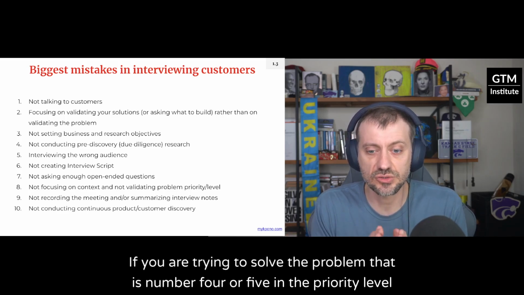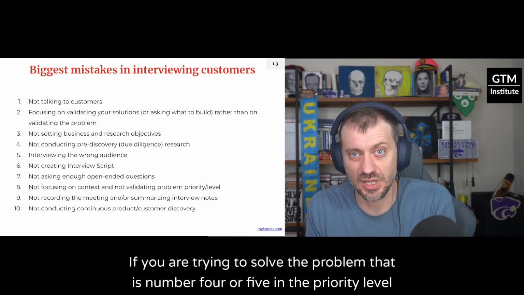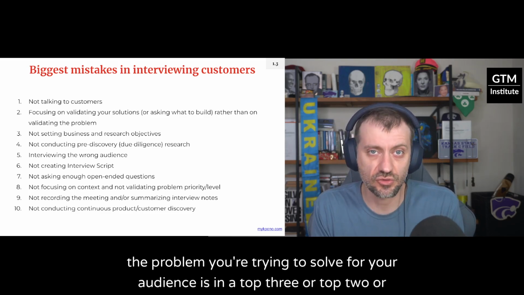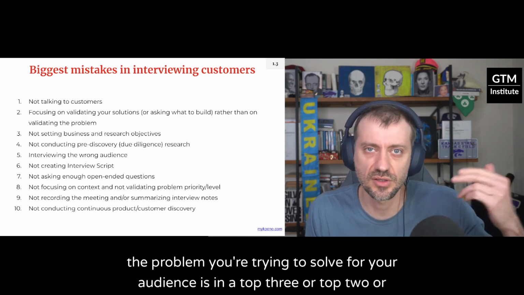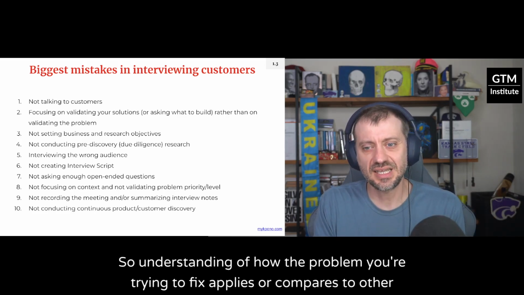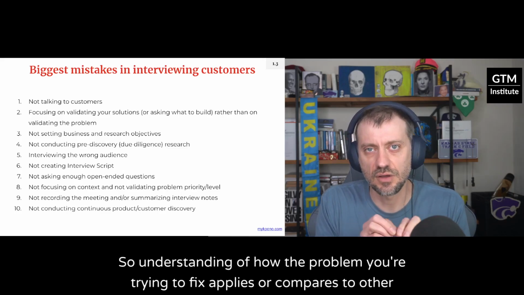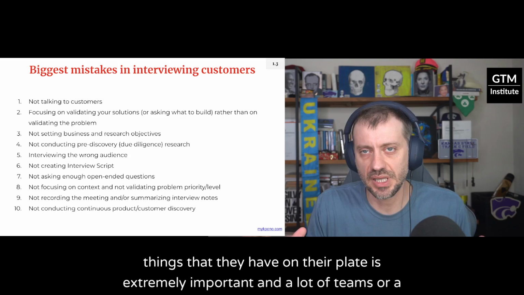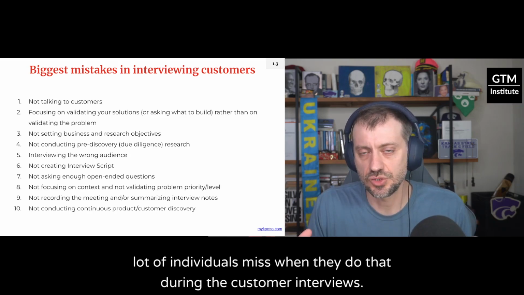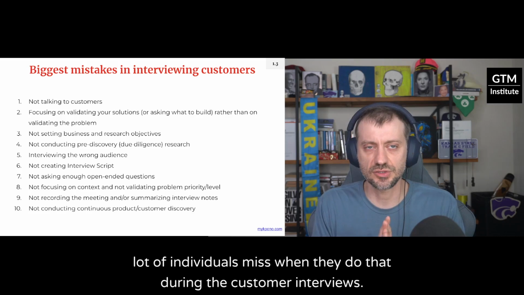If the problem you are trying to solve is number 4 or 5 in the priority level for that person, it's not going to be important enough, compared to a problem in their top 3, or top 2, or number 1. So understanding how the problem you're trying to fix compares to other things they have on their plate is extremely important, and a lot of teams or individuals miss that during the customer interview.